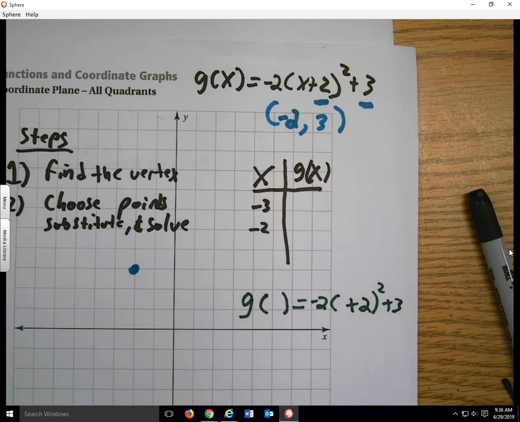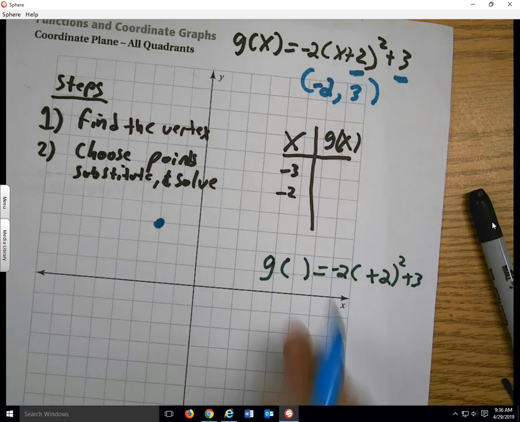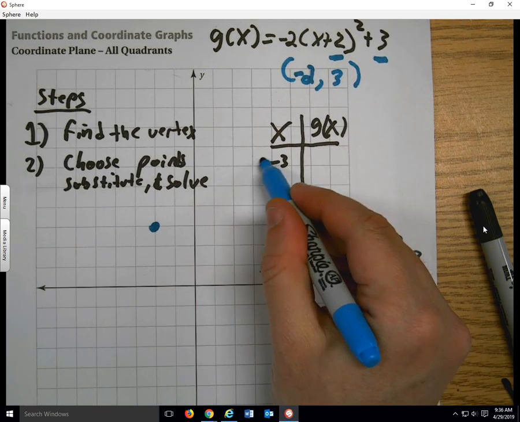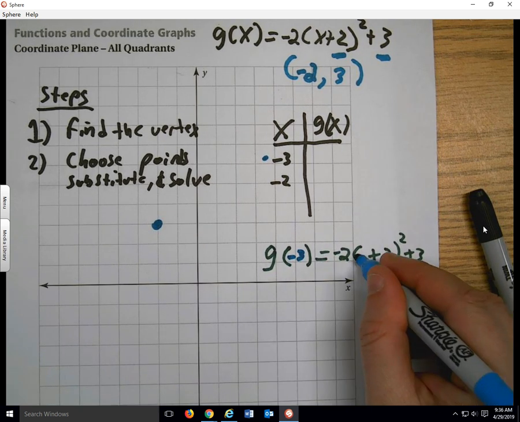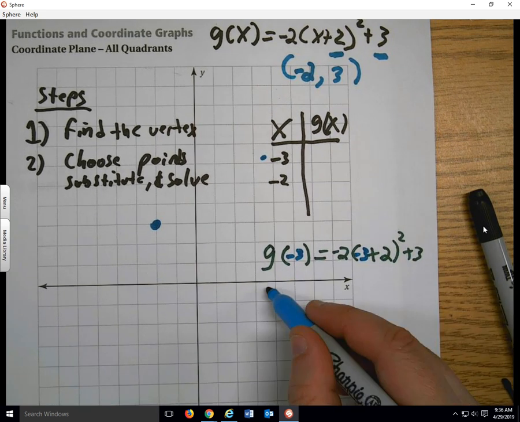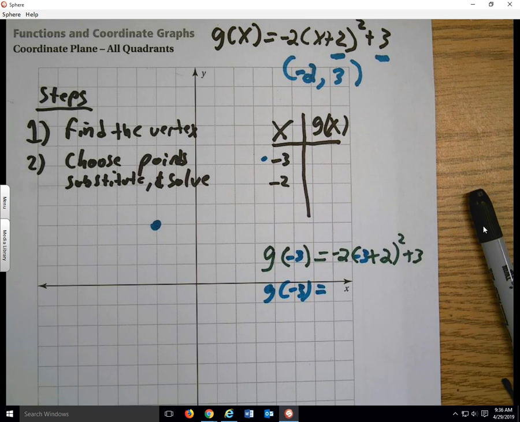Well, the first number we'll input is this -3, right? Because we chose this -3 to be our first number, so let's substitute a -3. And this side doesn't change from that point on. Just put g of -3.